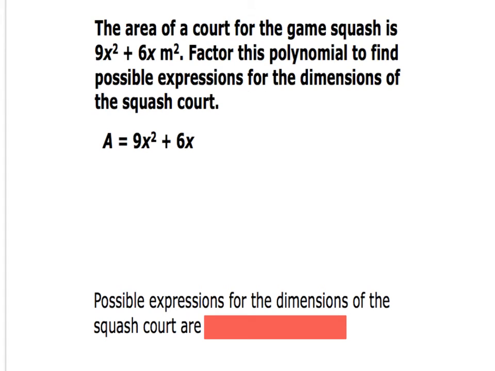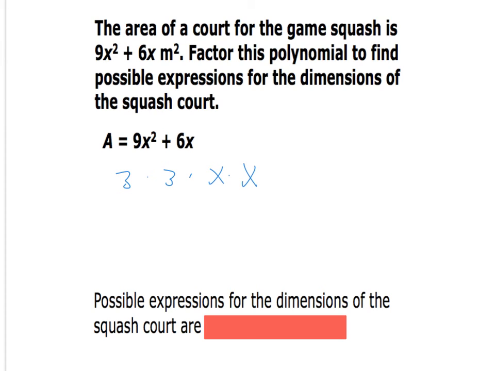For this problem, it says the area of a court for the game of squash is 9x squared plus 6x meters squared. Now, it says factor this polynomial to find the possible expressions for the dimensions of the squash court. Okay, so let's go ahead and try that. We have 9x squared. Well, that's going to be 3 times 3 times x times x.